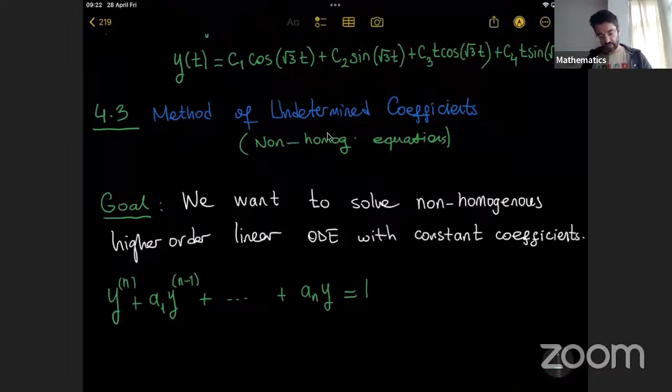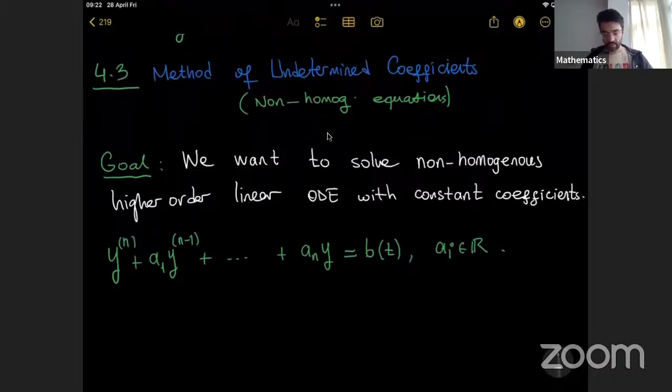Now we will have this equal to some other function, b of t. It's a function of the variable t. Here, all the coefficients are real. They are constant. Okay. And b of t is a function. Well, there is not an easy method to find the solutions in the general case.